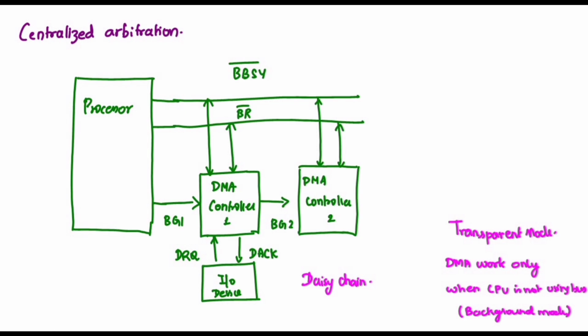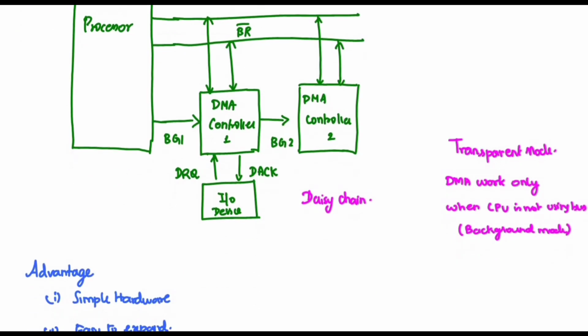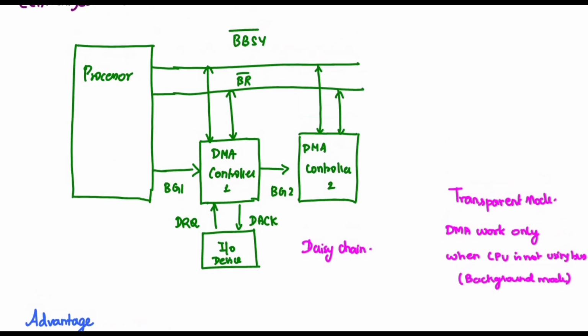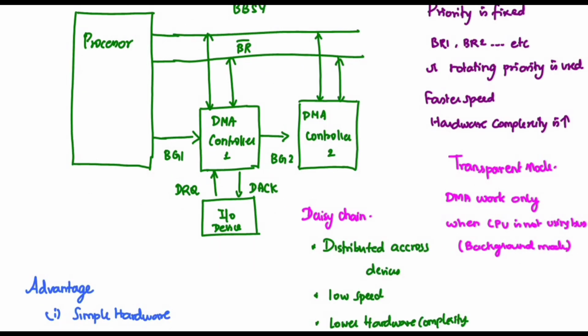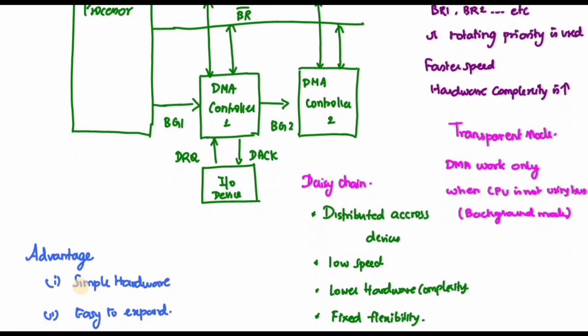Here the priority is given to BR1, that is DMA controller 1, then 2, 3, 4, etc. There is also a concept called rotative priority. Suppose first we use DMA controller 2, that is BR2, then BR3, BR4, then it comes to the OR gate, that is BR1.